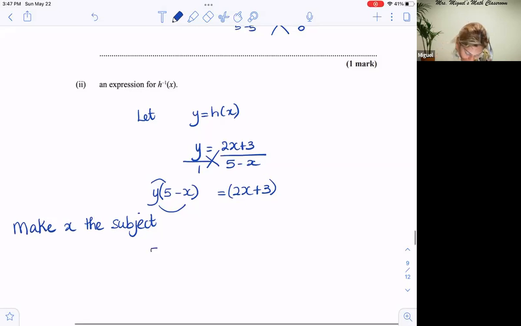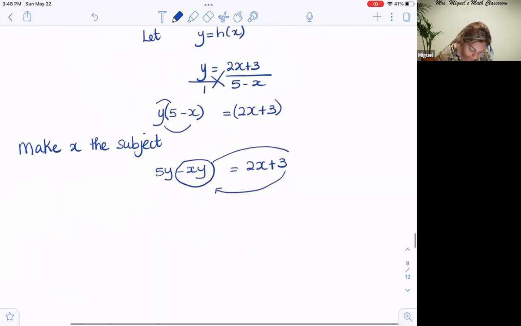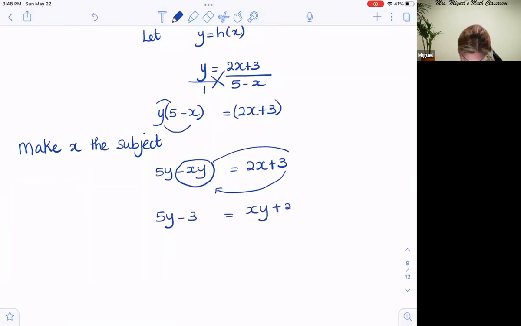So we have 5y minus xy is equal to 2x plus 3. So if you want to make x the subject, we move all the x's to one side and carry the 3 to the other side. So we have 5y minus 3 is equal to xy plus 2x. Divide each term by what you have in the bracket.